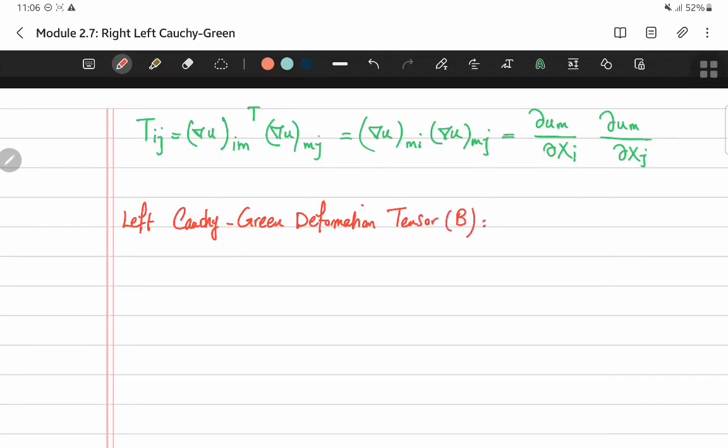This is tensor B, and we already said the importance of this B because it is frame independent, and we're going to utilize this B in later calculations for the stresses and elasticity.